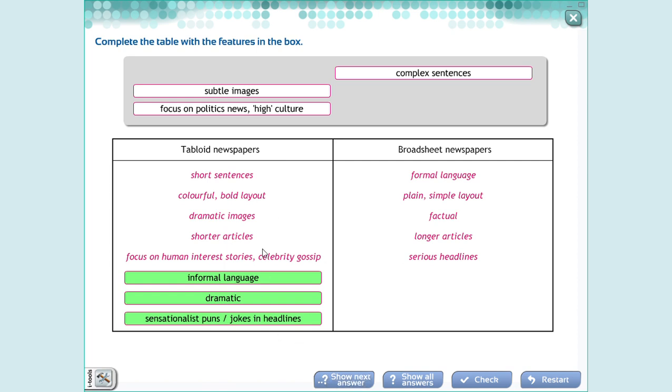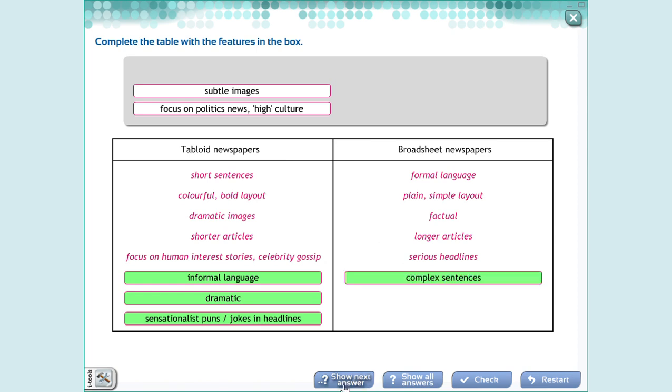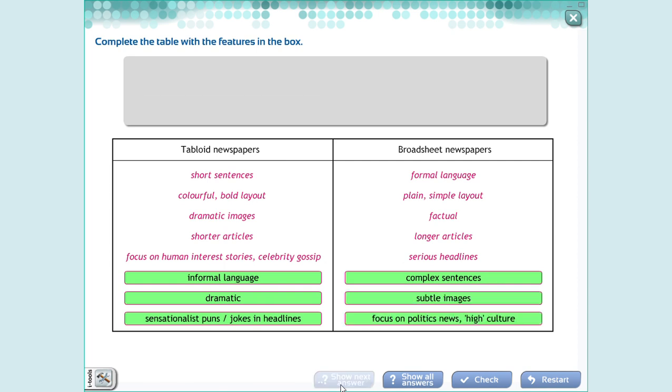I think Notiver fits more in this category, however it has the size and the format of a broadsheet newspaper. What about this part? This one must use complex sentences, subtle images, and focus on politics, news, high culture.